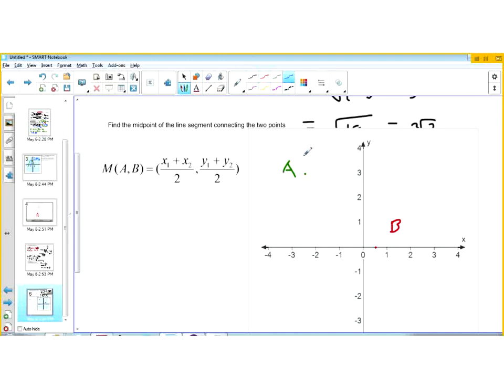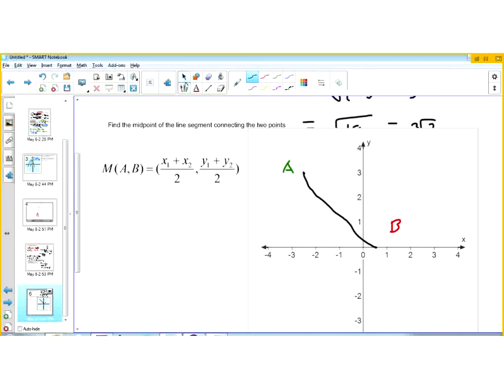So there's B. And so we want to find the midpoint of this line segment. Oops, sorry. My hand slipped when I was drawing it. Try it again. So there's my A. All right, so let's draw it. Okay. So there's my kind of curvy line segment.